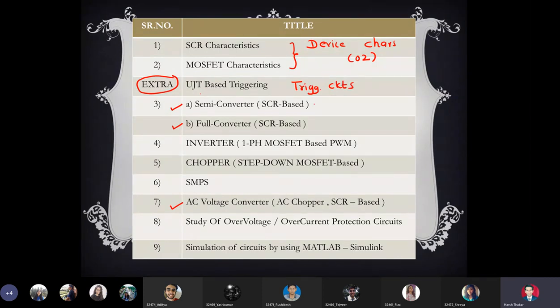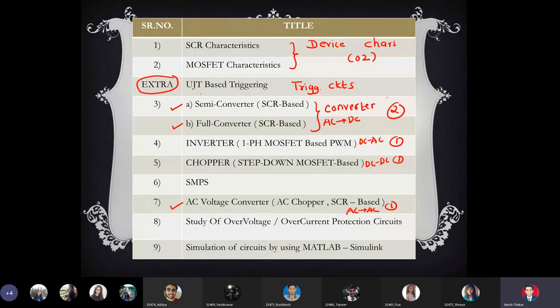Now these two belong to the converter category, that is AC to DC. They are 2 in number. We have inverter, which is DC to AC, 1. We have chopper, DC to DC, 1, and we have AC voltage controller, AC to AC. So we have 1 plus 1, 2 plus 1, 3 plus 2, 5.